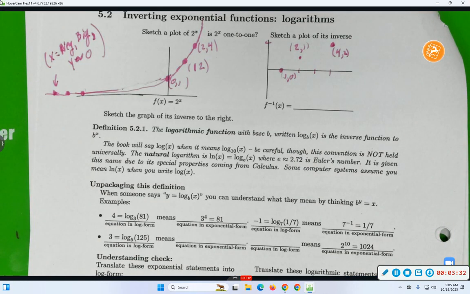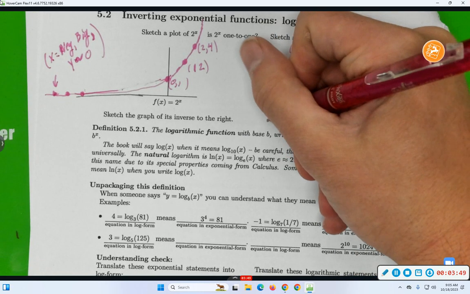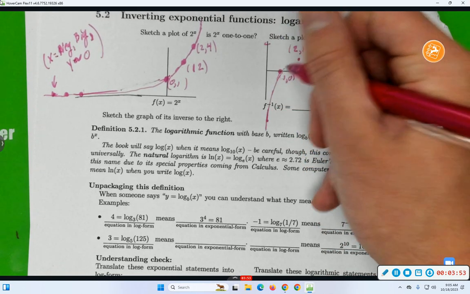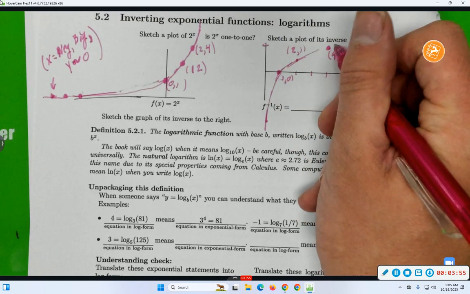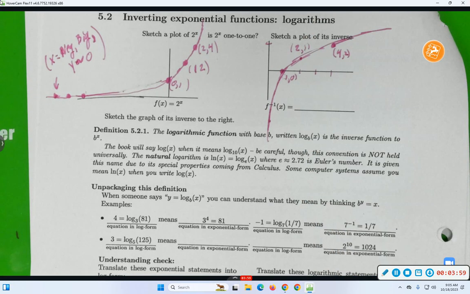So there's a point on the graph of the original function. That means that a point with x value very close to 0, y value very big and negative should be on the graph of the inverse function. So a point like down here. Nice. So what does the graph of the inverse function look like? Something like that.